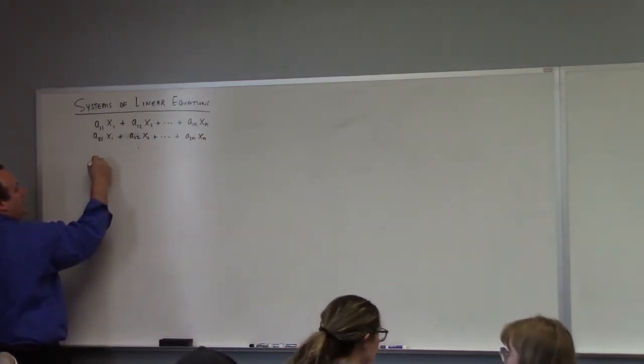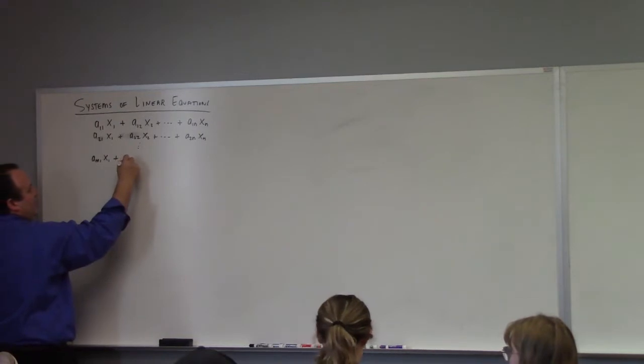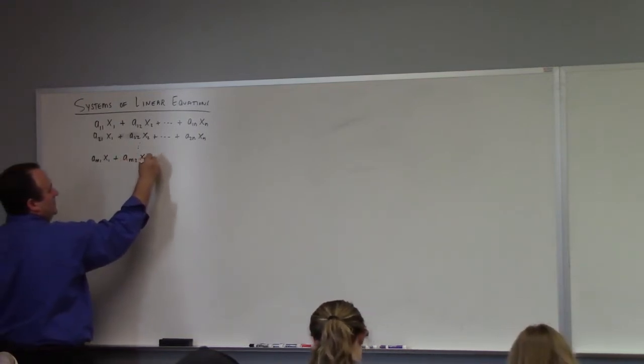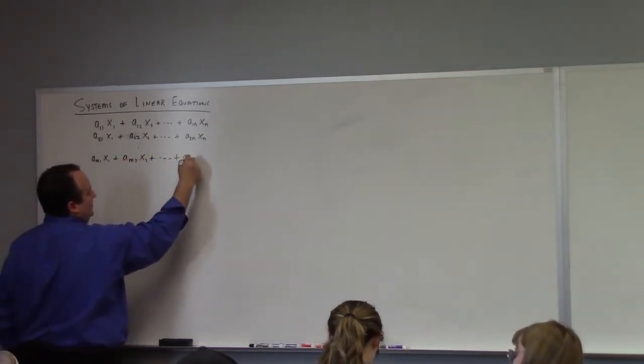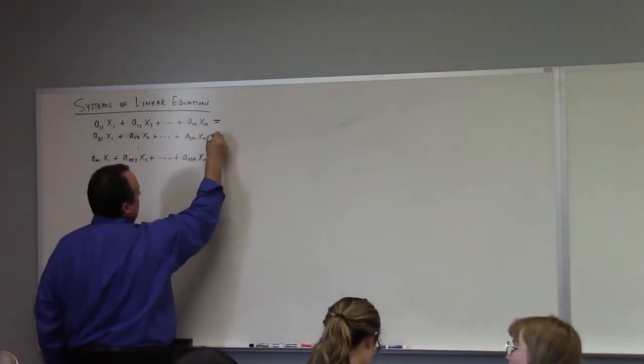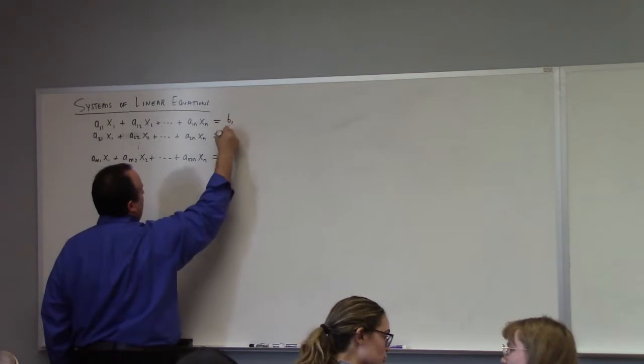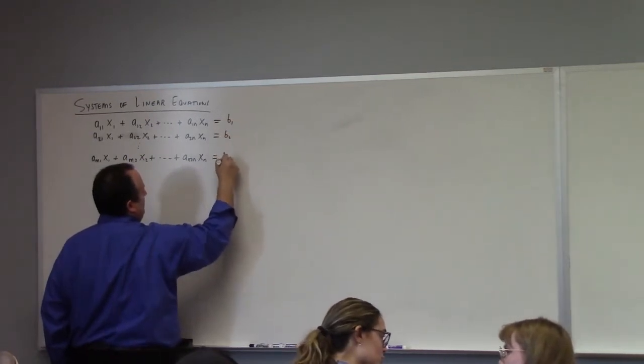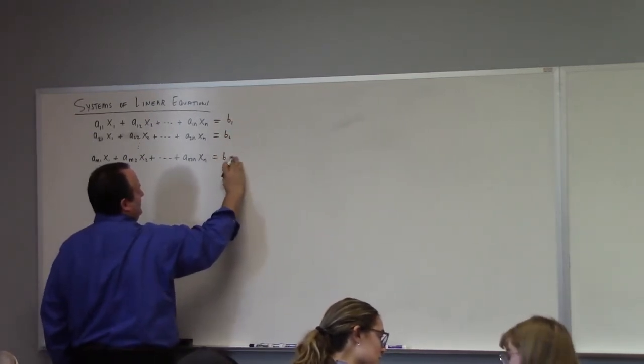Eventually you get to Am1 x1 plus Am2 x2 plus dot dot dot plus Amn xn. The first one is equal to B1, the second one is equal to B2, the mth one is equal to B sub m.